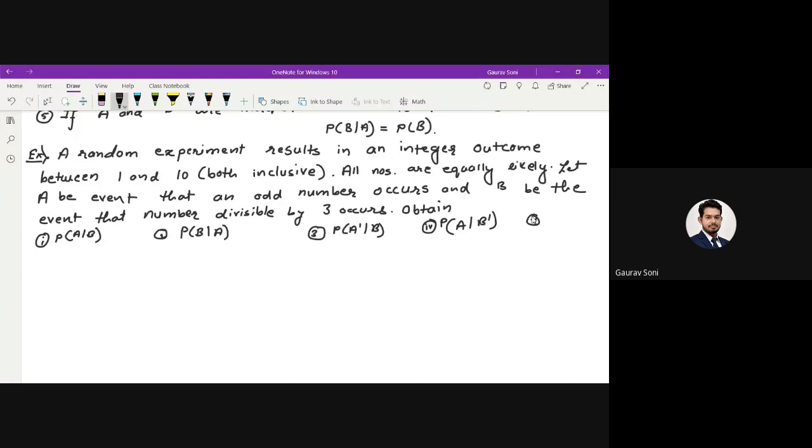And fifth, probability of A complement given B complement.